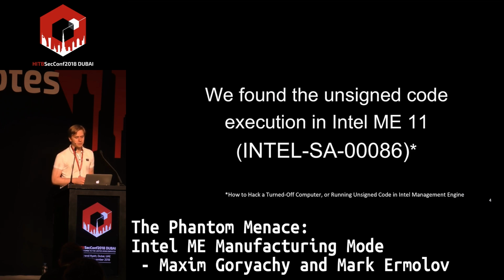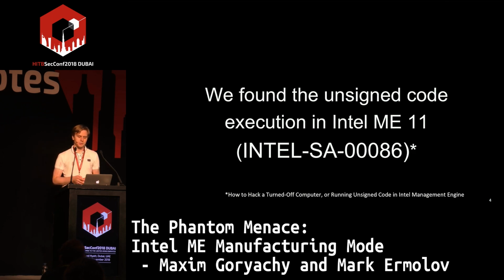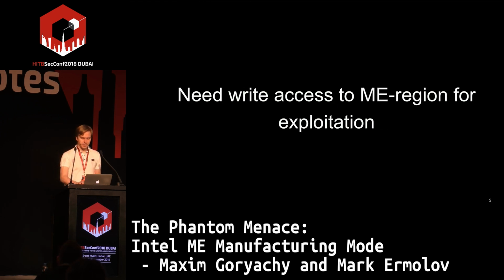As you probably know, we found a bug which allows executing unsigned code in Intel ME version 11. It is called Intel SA-00086. And this vulnerability has a small restriction.